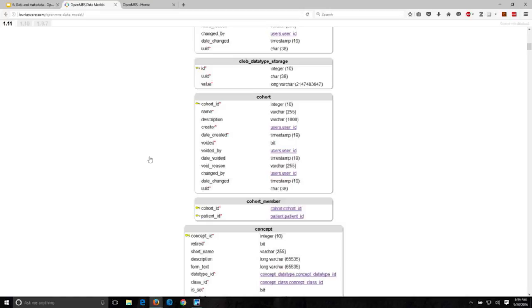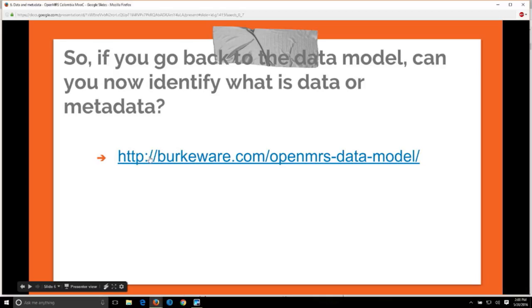The way you should identify this is when you look at voided or voided by existing in the cohort table, it means it is metadata, right? Because you have voided or unvoided. Sorry, it is data because it has the voided and voided by columns in the table.